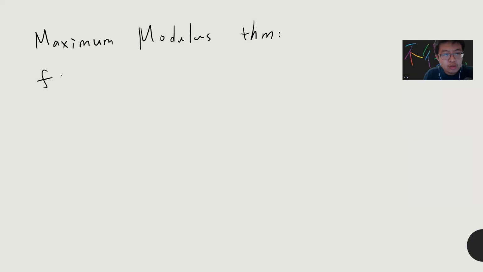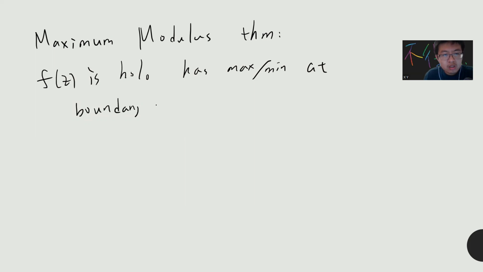Okay, so recall that in complex analysis, there's an idea called the maximum modulus theorem. This theorem tells you that a holomorphic function f of z has a maximum or minimum on the boundary, unless f of z is a constant.